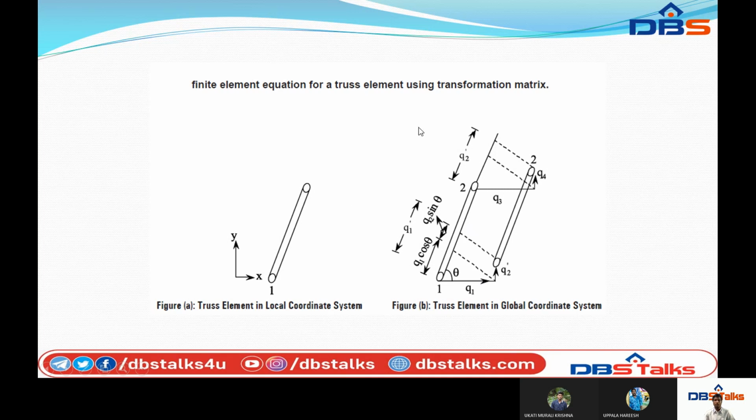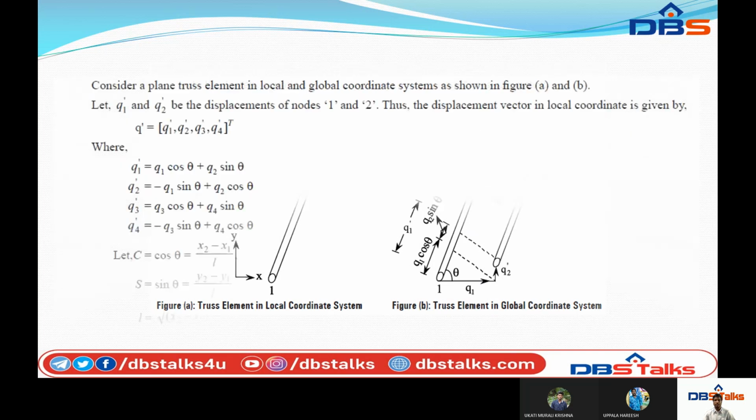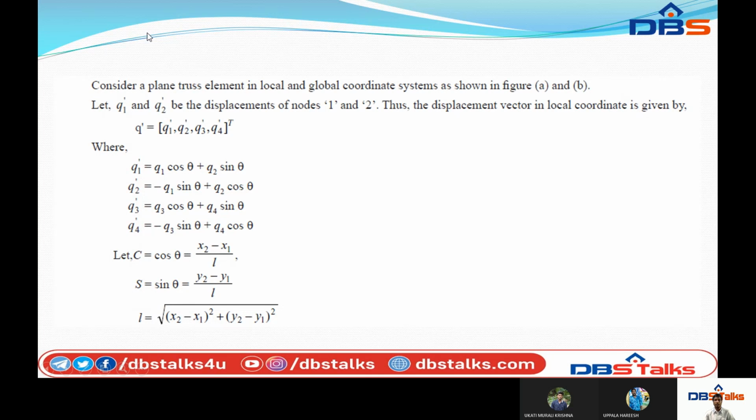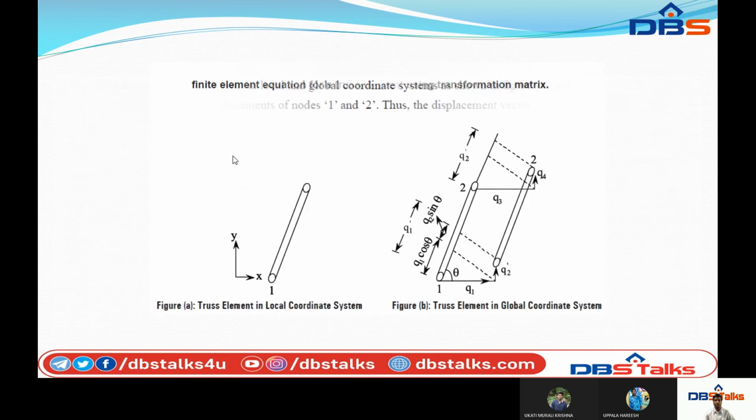Then I am using the global coordinate system of displacement vectors Q1, Q2, Q3, Q4, and using the transformation matrix I am generating the FE equation for the truss element. We will look into this using the global coordinate system.